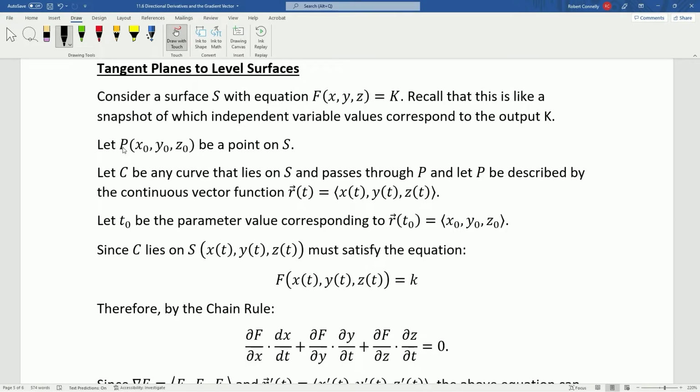And so let P, the point x naught, y naught, z naught, be a point on S, and C be a curve that lies on S and passes through P, and let C be described by the continuous vector function r of t equals x of t, y of t, z of t.